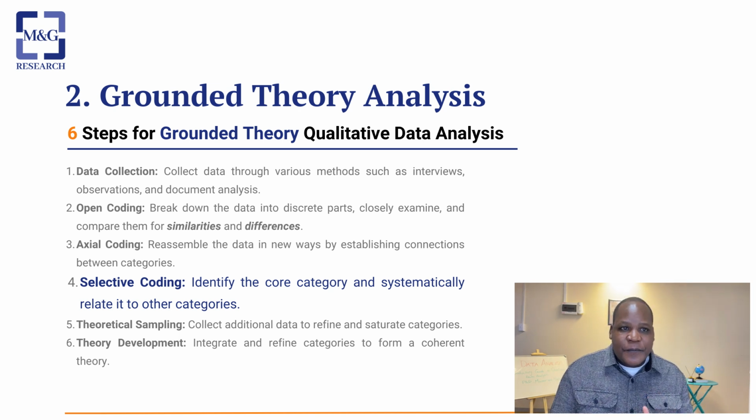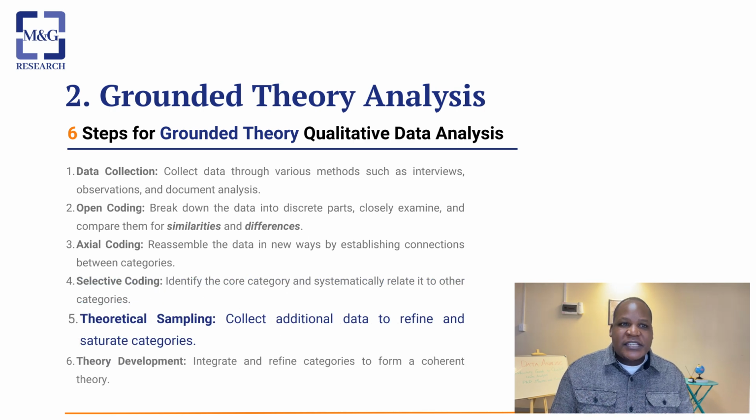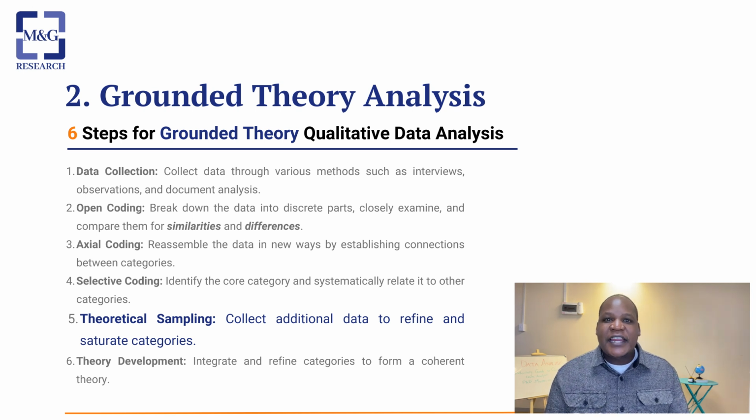And then the fifth aspect, theoretical sampling, is where you begin to collect additional data to refine and saturate the categories. Having categorized your data in sections, which reflect the similarities, the differences, and the connections between the various categories, you then start your theoretical sampling, whereby you collect relevant additional data that will help you saturate the categories.